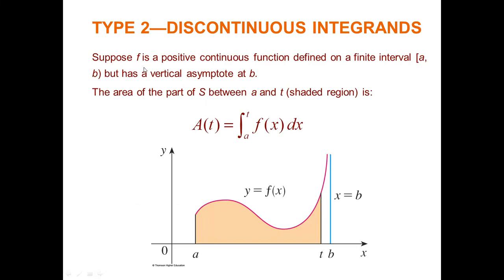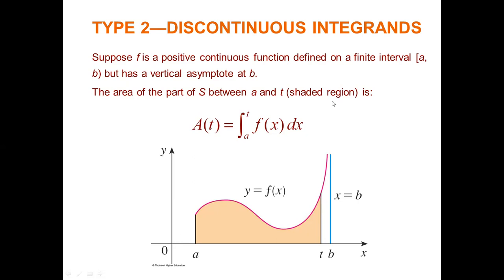Suppose f, our function, is a positive continuous function defined on the interval a to b, but has a vertical asymptote at b. Meaning, class, I'd like to use our vernacular when we speak of a vertical asymptote: discontinuous sa class. So it is asymptotic to the line x equal to b.